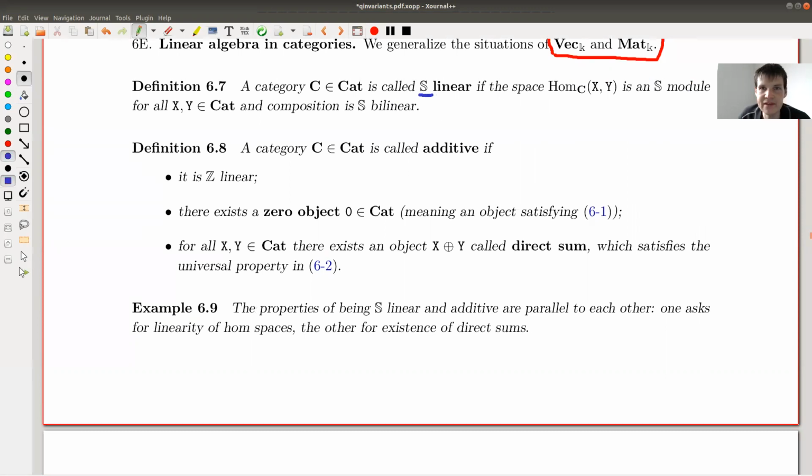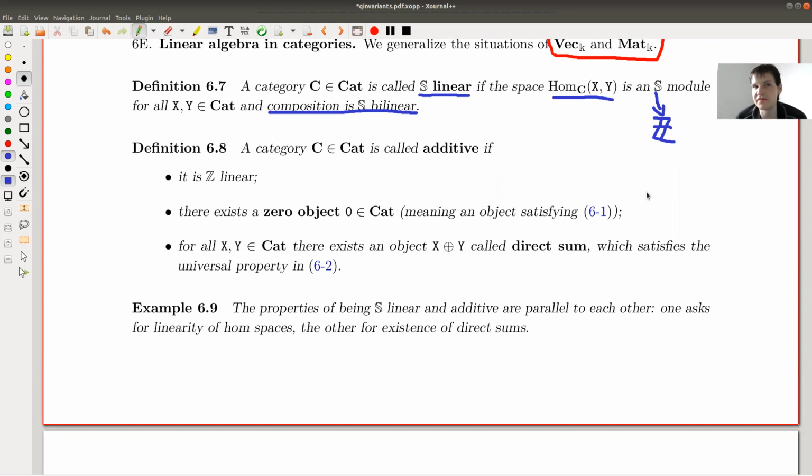I call a category S-linear if the hom spaces form an S-module, and composition is bilinear. That's exactly what we have seen above, where S was Z. A Z-module is an abelian group.